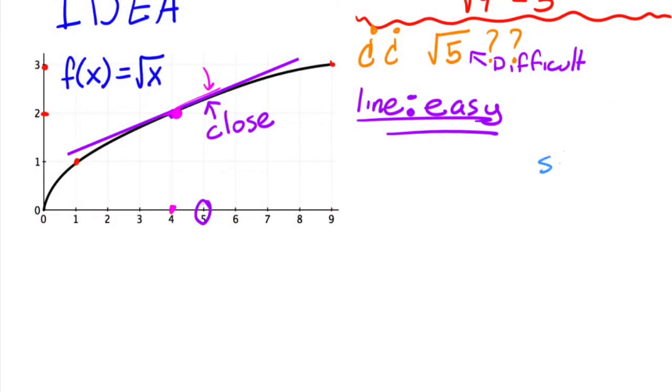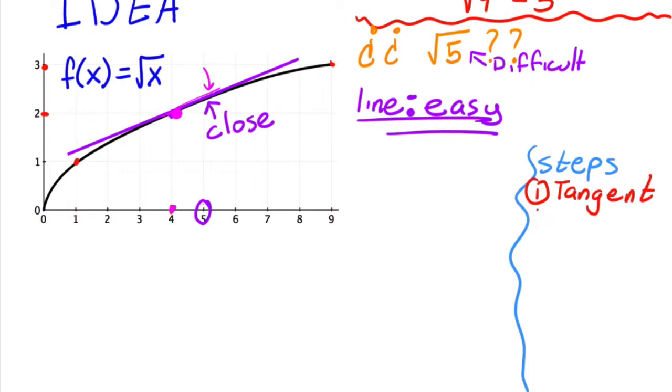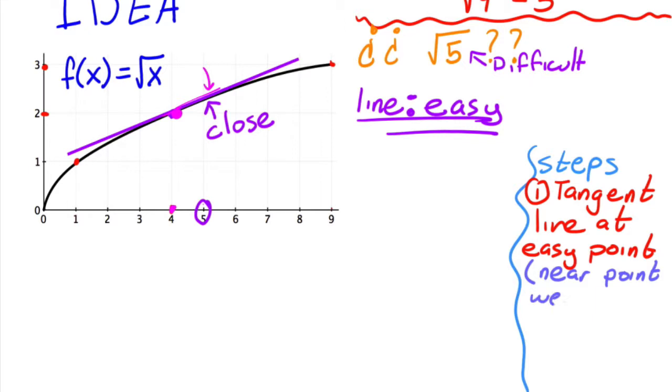I'm going to write down my steps over here. Our first step is to find the equation of the tangent line at, I'm going to call it the easy point. In parentheses, this easy point is going to be near the point we are looking for.